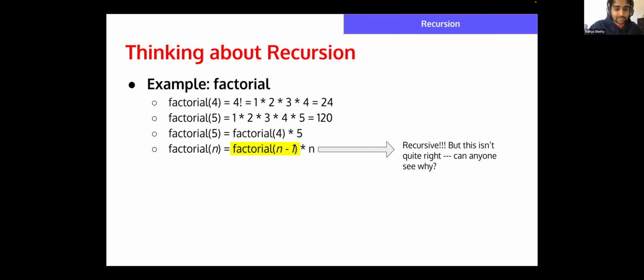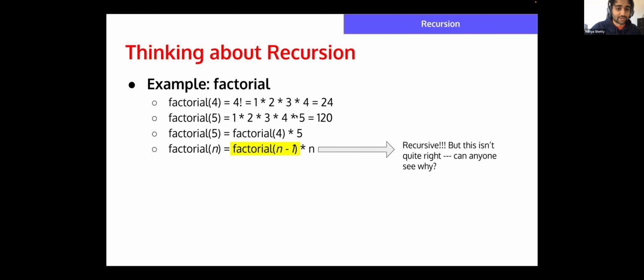So to get you all thinking recursively, let's look at an example from high school math that you probably would be familiar with, which is factorials. The factorial is a number written with an exclamation point at the end. And that is just the cumulative product of the numbers from 1 up to that number, right? So 4 factorial is just 1 times 2 times 3 times 4.